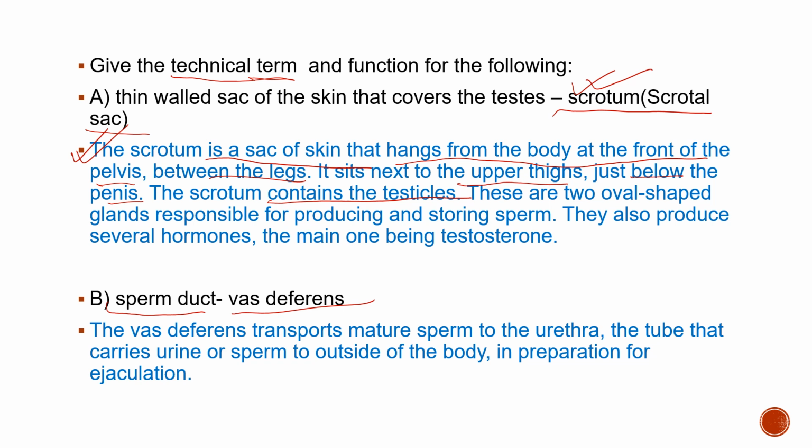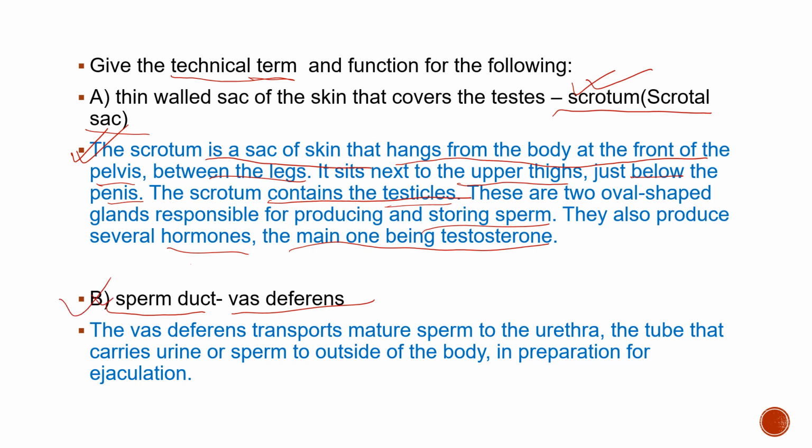These are two oval shaped glands responsible for producing and storing the sperm. So these are the testicles. They also produce several hormones, and the main one being the testosterone. So the scrotum is hanging outside the body and it is holding the testicles within it. Is it okay? So this is the function of this thin walled sac of skin that covers the testes.